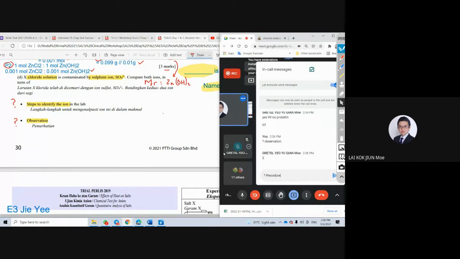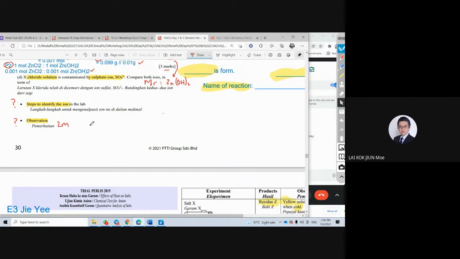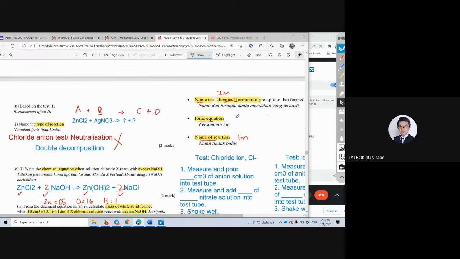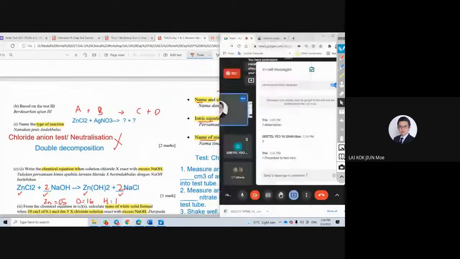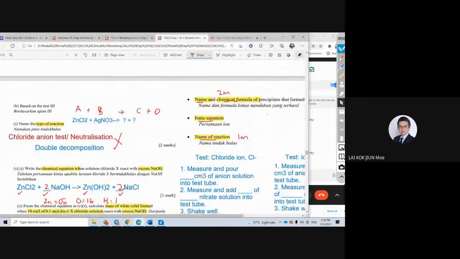Procedure. Rachel said 2 marks here. So you can see 2 marks already, 5 marks already. Another 5 marks. Ionic equation, how many marks? Ionic equation 1 mark. You got 2 ionic equations. So great here, 2 means 2 marks.